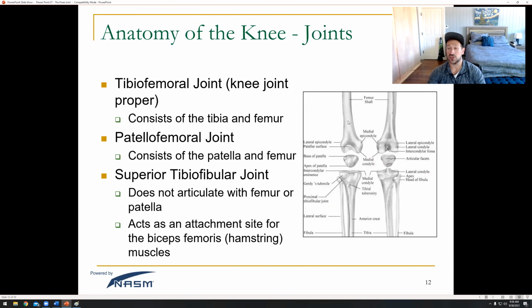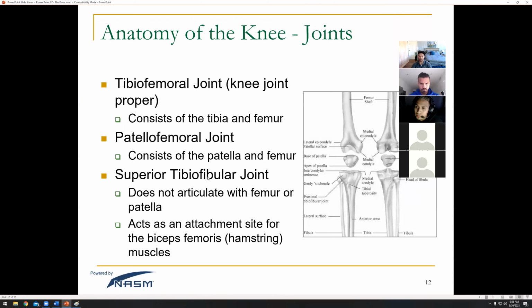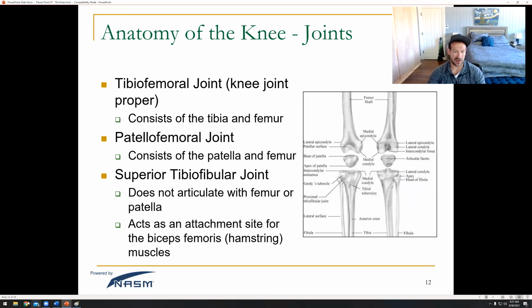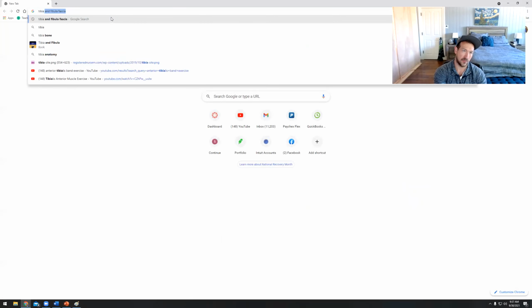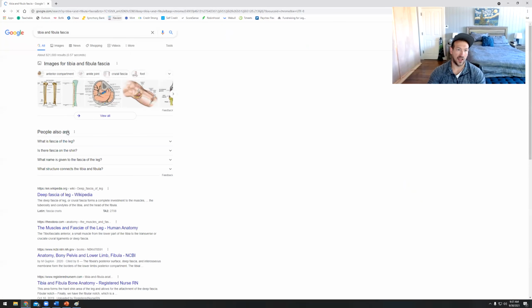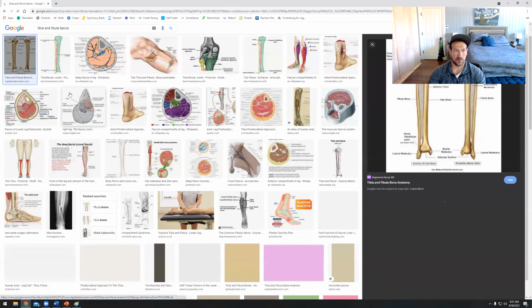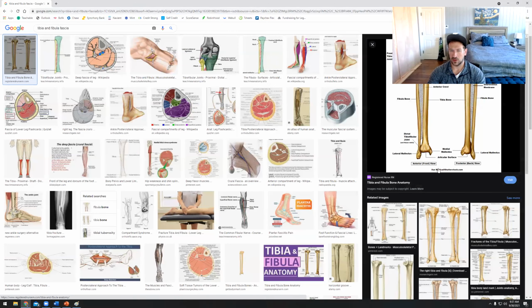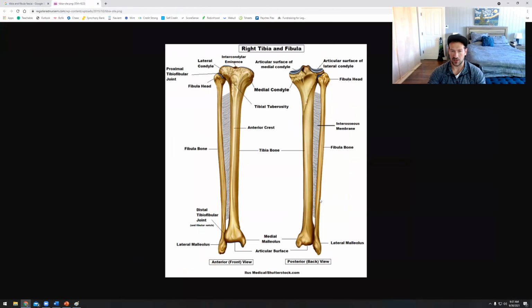And then you've got your superior tibiofibular joint. Remember yesterday I mentioned how these two bones interact with each other twice. If you look at them, they're actually about the same length, both of these bones, but because this one's situated a little bit lower, it hangs down a little bit further, right? So there's a joint where the fibula and the tibia interact, and there's another one where they interact down here as well.